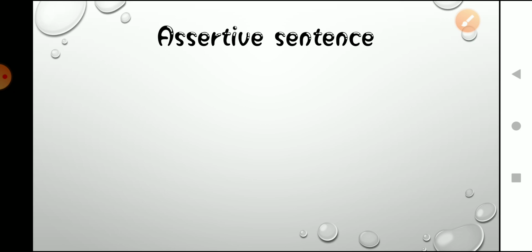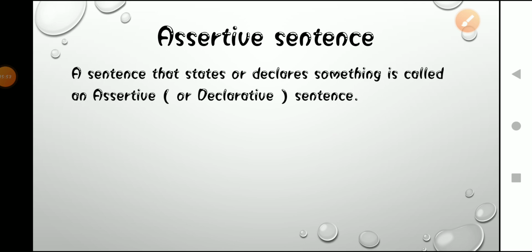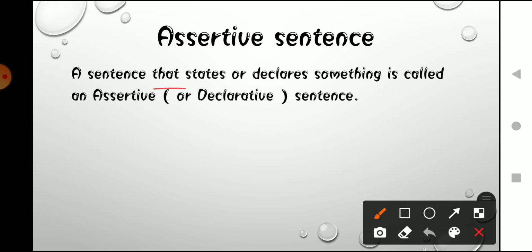Let's read the definition first. A sentence that states or declares something is called an assertive sentence or declarative sentence. So basically those sentences which state something, which give us information about something, or which express a fact about a thing, event or action, are known as assertive sentences.